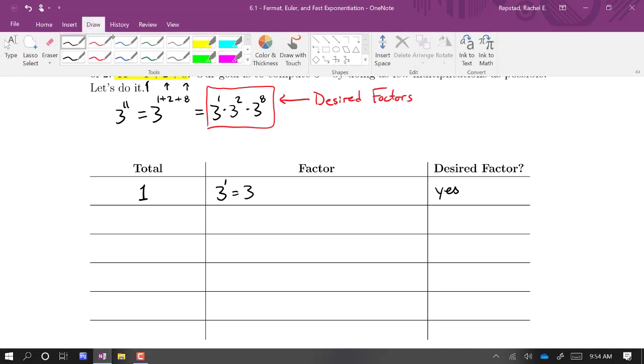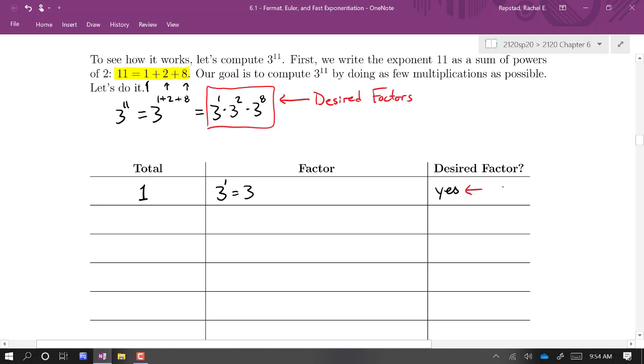And if you answer yes to this question, that means we're going to change the total. And here's how we do it. I take what the total is currently, which is 1. I multiply it by the desired factor, which is 3. And I get 3, and there's my new total.